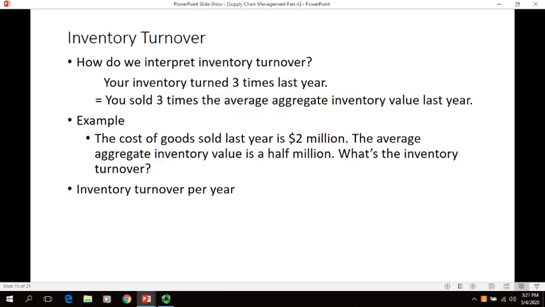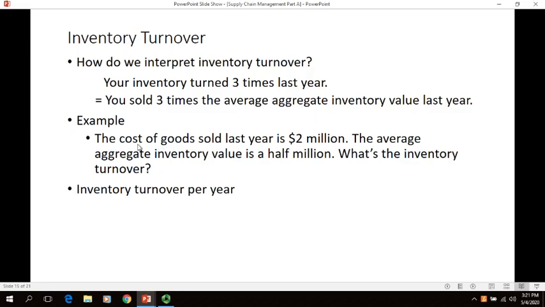Now, the next item is inventory turnover. How can we interpret inventory turnover? If someone says your inventory turned 3 times last year, it means you sold 3 times the average aggregate inventory value last year.